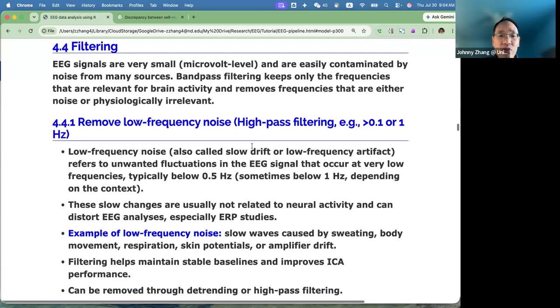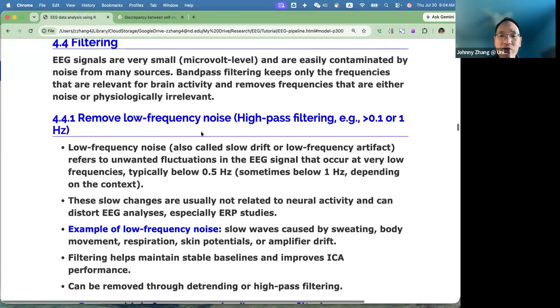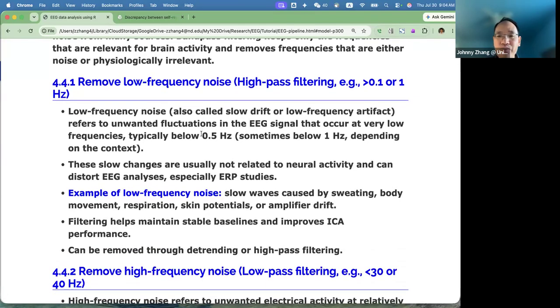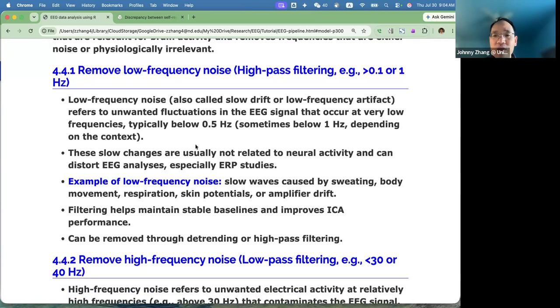Oftentimes we want to remove low frequency noise and high frequency noise. Removing low frequency noise usually means we remove frequencies below 0.5 hertz or below 1 hertz. The reason is that brain signals change more rapidly, very frequently within a time period.